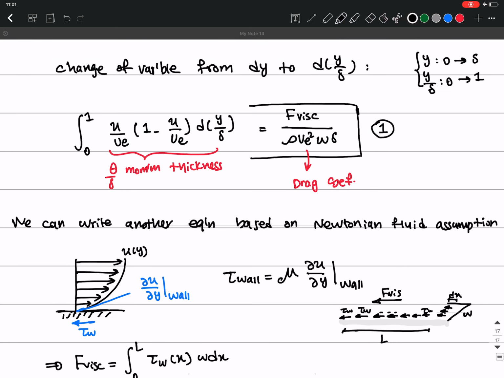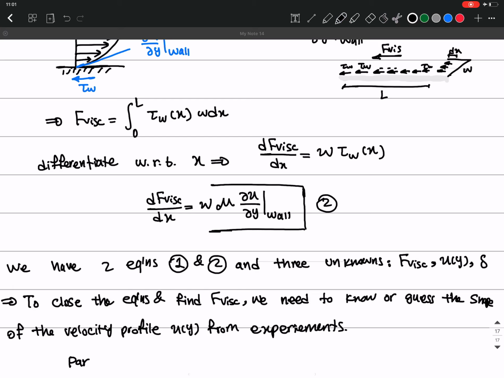So, for example, there are many estimations for these kinds of velocity profiles when you have a plate like this. It really depends on the plate itself, because the plate can have different shapes. Then this velocity profile is going to be different.